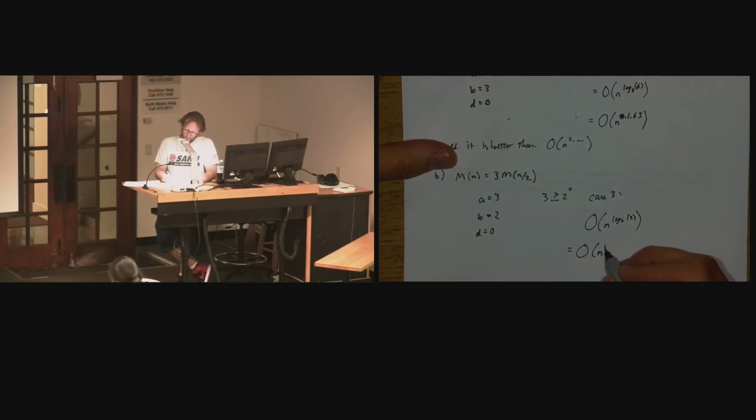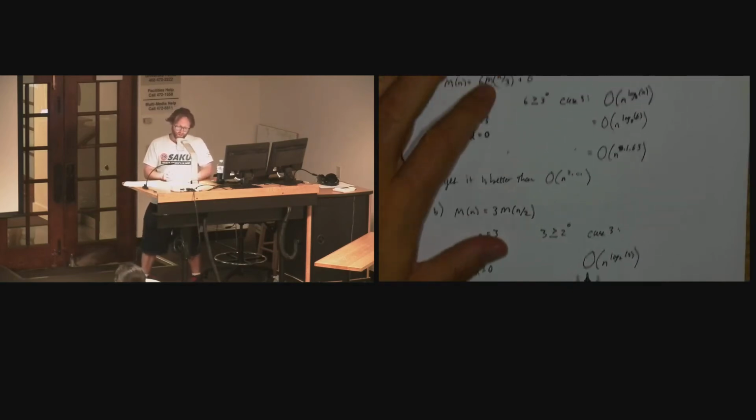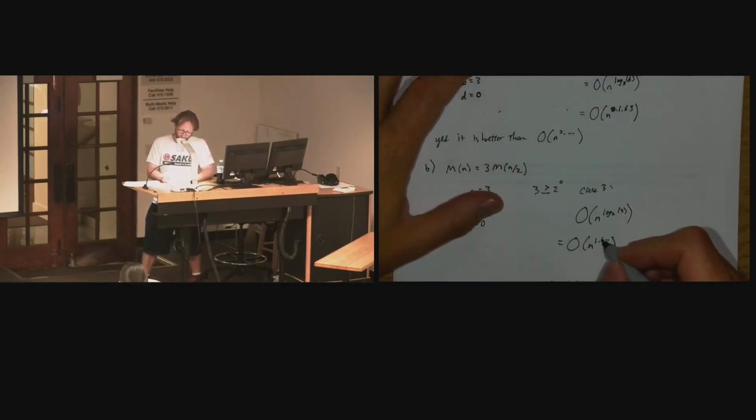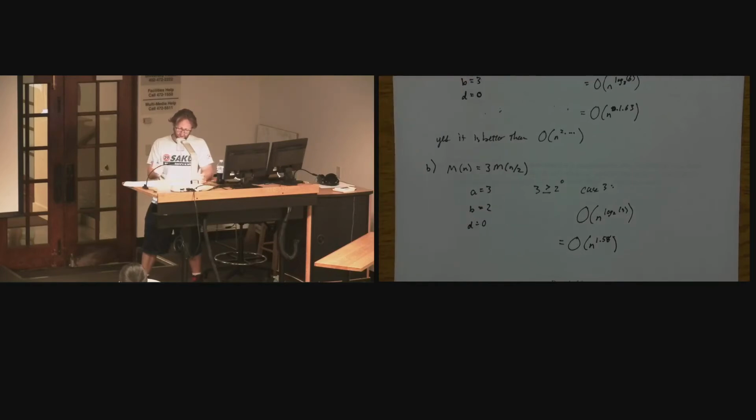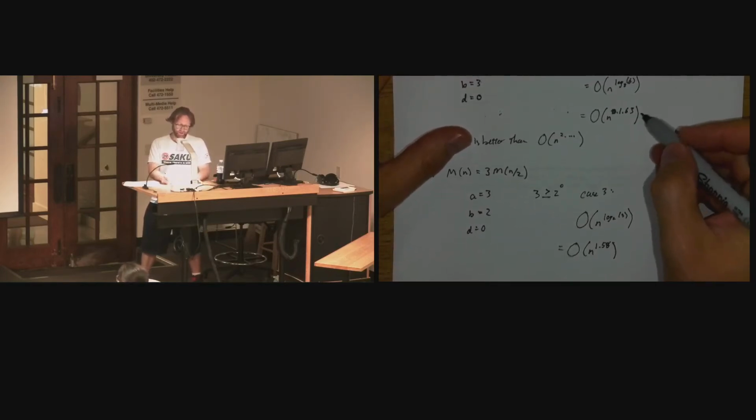That's going to be 1 point something something something. What is it? Anybody? Well, I'll let you fill that in. Open book, open note, open computer, open Wolfram Alpha, right? 1.5 what? 1.58. Okay, good enough for me. All right, both of these, that's even better than this, right?